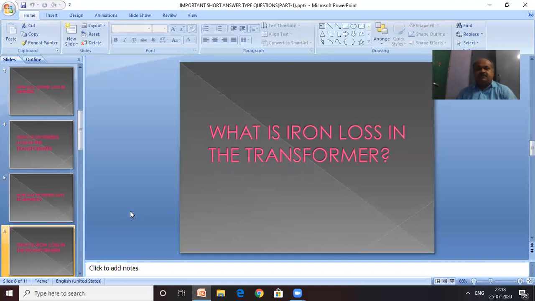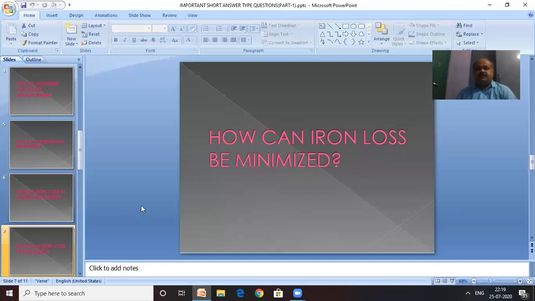What is iron loss in the transformer? Iron loss we have already discussed. This is the Joule's loss in the core of the transformer, which is made up of iron. So to minimize this loss, what will you do? The next question is, how can iron loss be minimized?